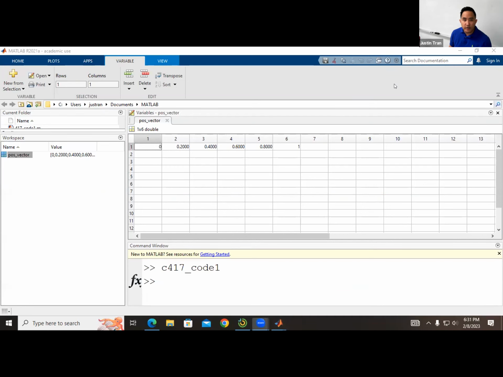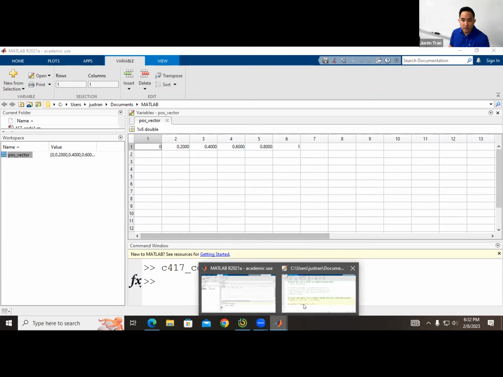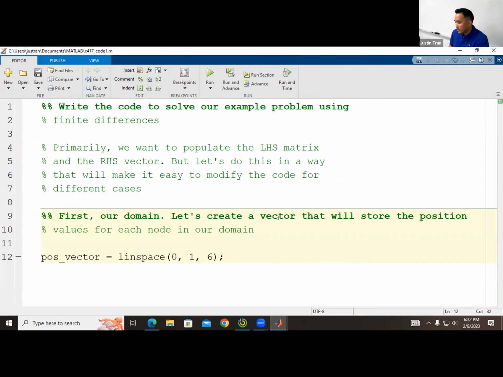You can see that pos vector has the x values for each of the nodes in our domain. So our first value here is 0, then it goes up by 0.2 from there. So 0.0, 0.2, 0.4, 0.6, 0.8, and 1.0. All right, so that's going to be useful because if you look back at your notes, I didn't actually compute the right-hand side vector, so that's going to be useful for us to do that.